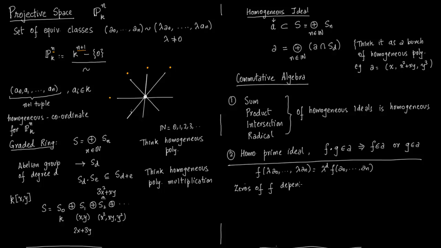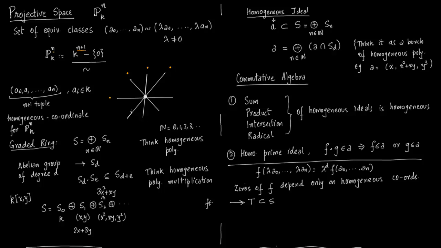So we can talk about zeros of polynomials in projective space, and when you do, you are essentially talking about homogeneous polynomials, because otherwise it would not make any sense. Zeros of f depend only on homogeneous coordinates precisely because f is a homogeneous polynomial of degree d.